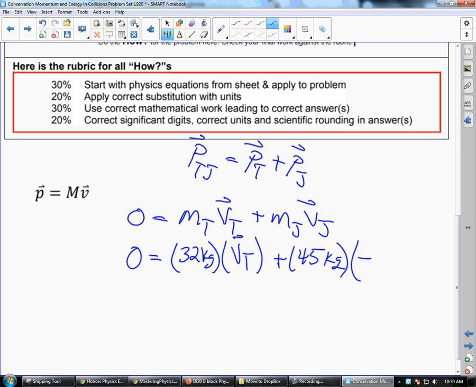And negative 0.8 meters per second, because putting in for the velocity, I need that sign. And then just solve it from there.